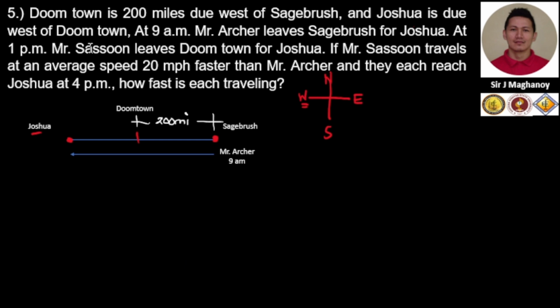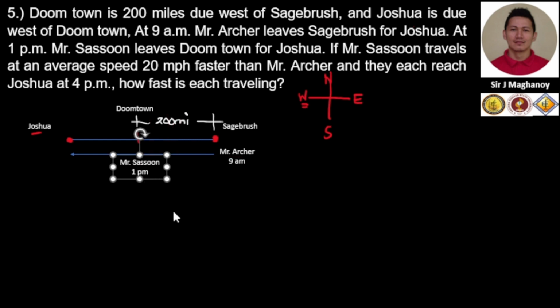Then at 1 p.m., Mr. Sassoon leaves Doomtown for Joshua. So Mr. Sassoon goes from Doomtown, leaving at 1 p.m., for Joshua again.